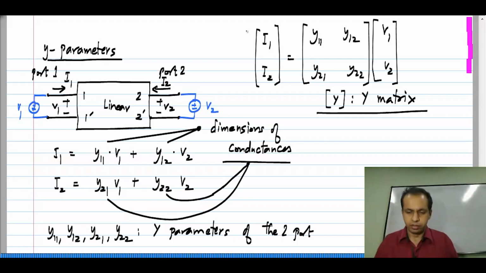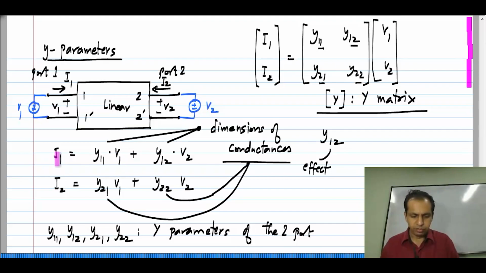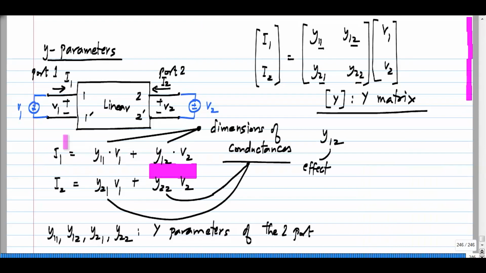And these subscripts here. Let us take Y12. The first subscript denotes the effect, meaning I1. I1 is Y12 times V2. So, what is Y12 times V2? It's the contribution of V2 to I1. So, I1 is the effect, V2 is the cause. The first subscript denotes which the effect is, and the second one denotes which the cause is.